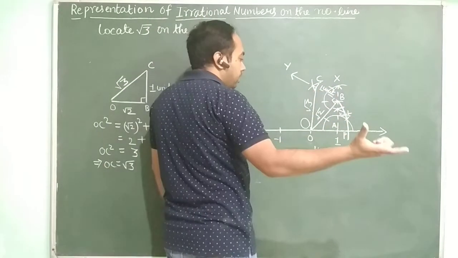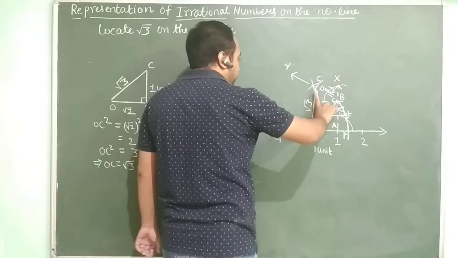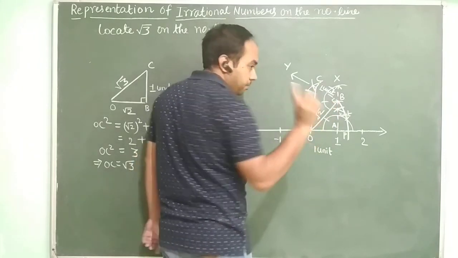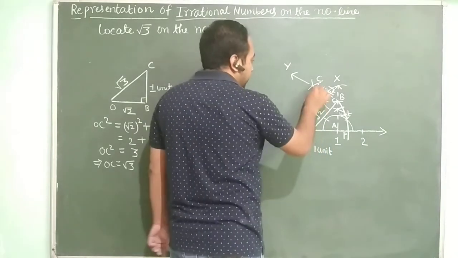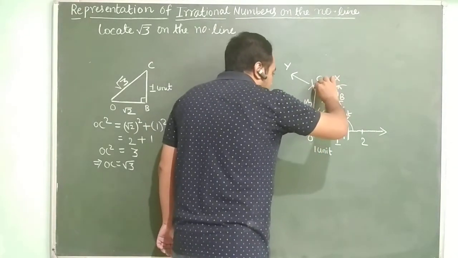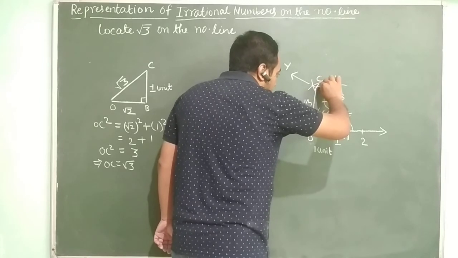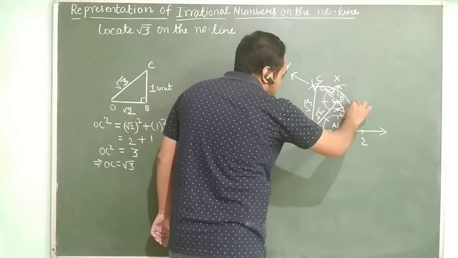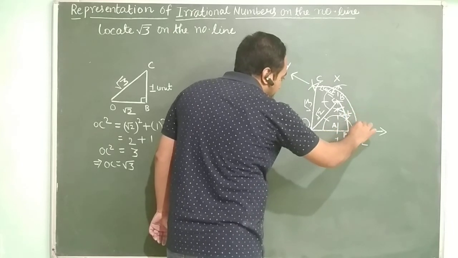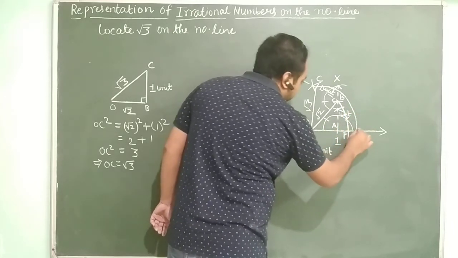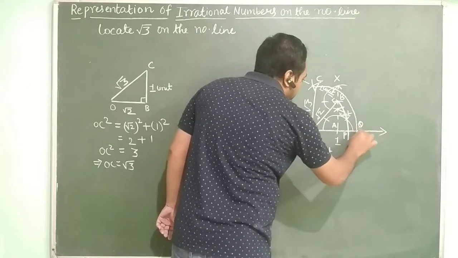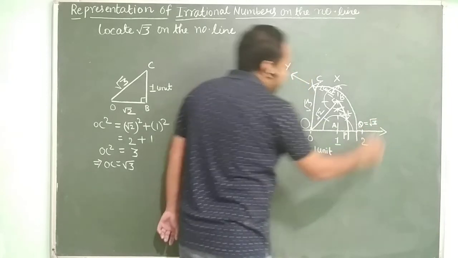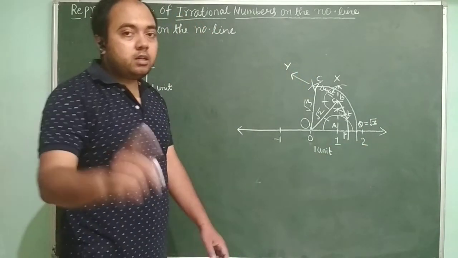Again, pick your compass, place the needle at point O and pencil at C, and draw an arc which meets the number line at a point say Q. This point Q on the number line will represent under root 3.